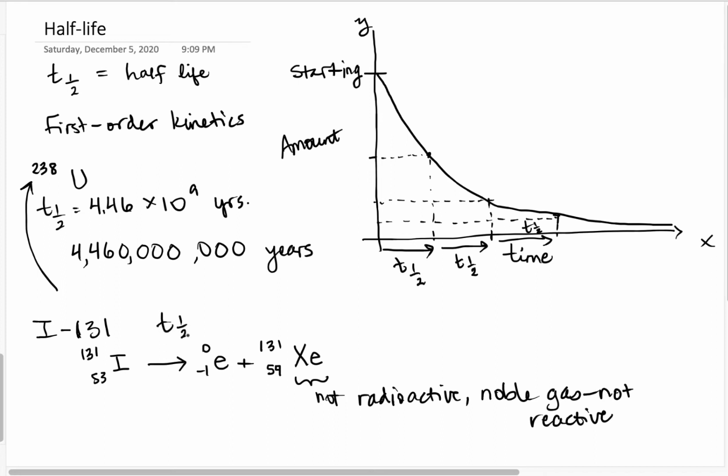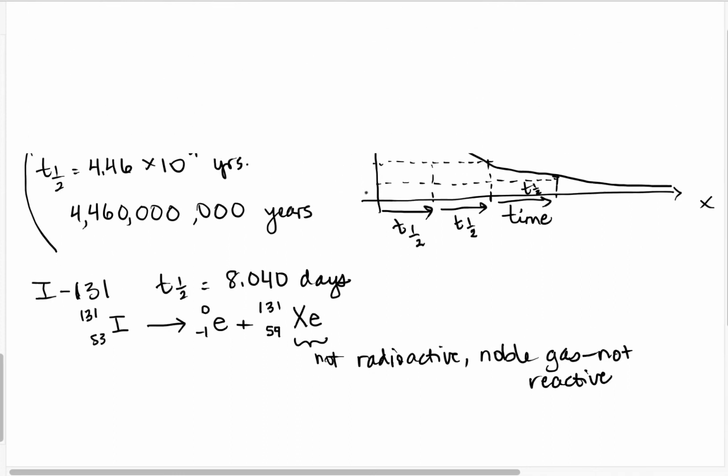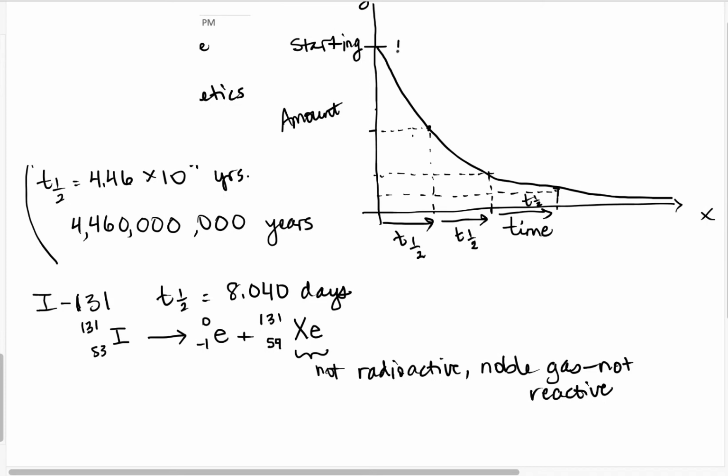Iodine-131 has a half-life of 8.040 days. So let's just look at what our numbers would be like if we were talking about this chart right here. So let's say we had 1,000 iodine-131s when we started.